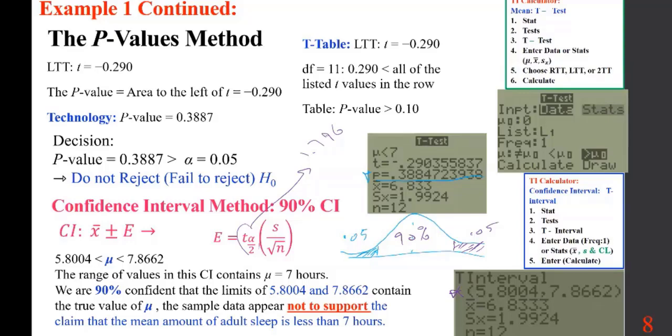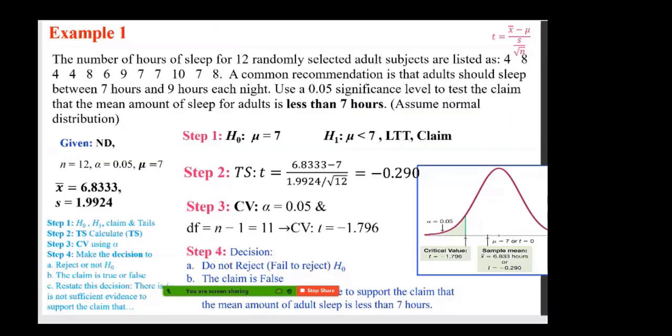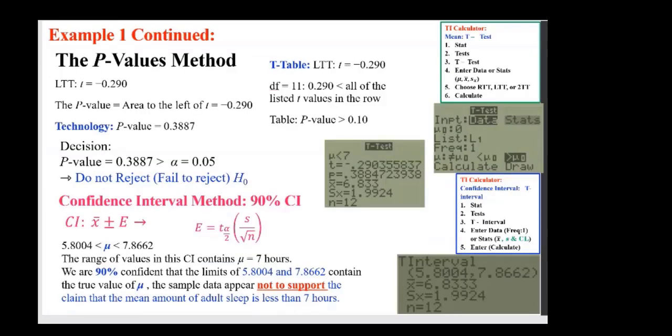In other words, we do exactly the same thing as we did in the previous page. We do not reject H0. I want to make sure everybody understands what the confidence interval tells us. The confidence interval tells us do not reject H0, because H0 says mu was 7, and it's in between the two limits.